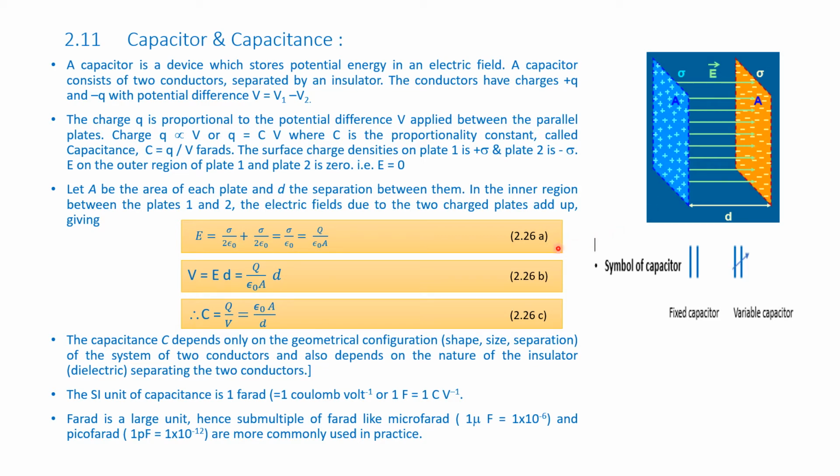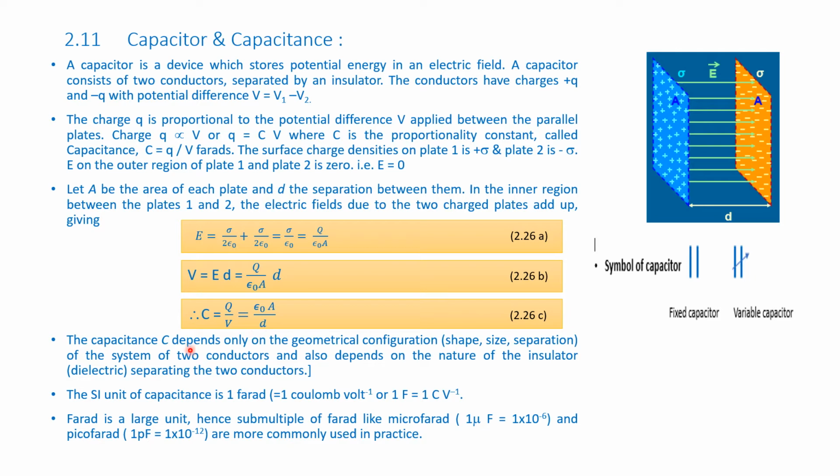The equation for electric field intensity is E equals Q divided by epsilon naught A. The value of capacitance is given by C equals Q by V farads. The potential across a capacitor is V equals E into D, that is Q D divided by epsilon naught A, and the capacitance, Q by V, is equal to epsilon naught A by D.